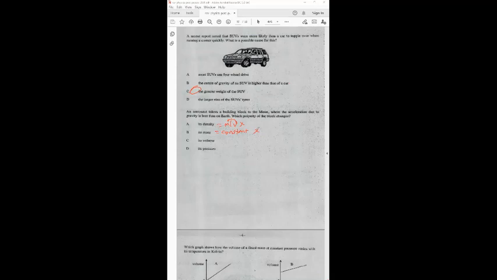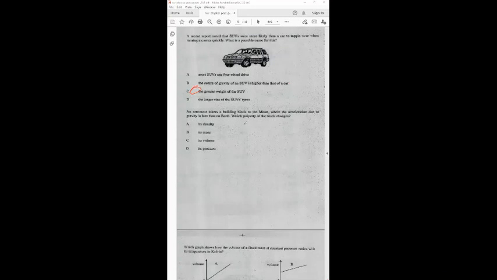Oh wait, hold on. Okay, that question. We're missing an answer here. That should actually be neither of those.